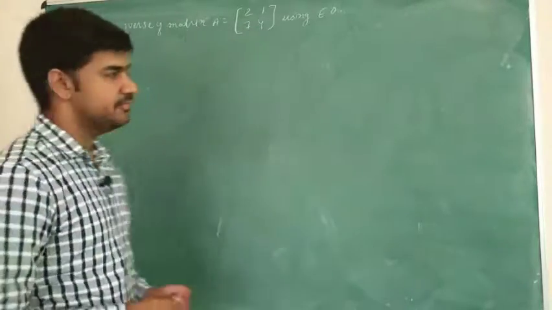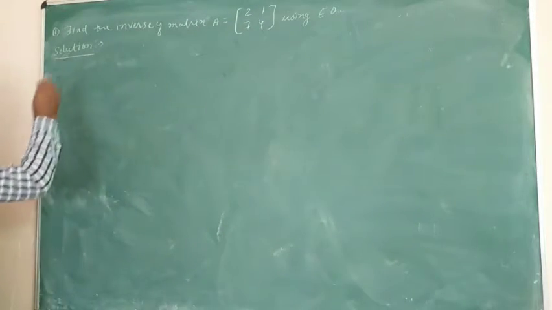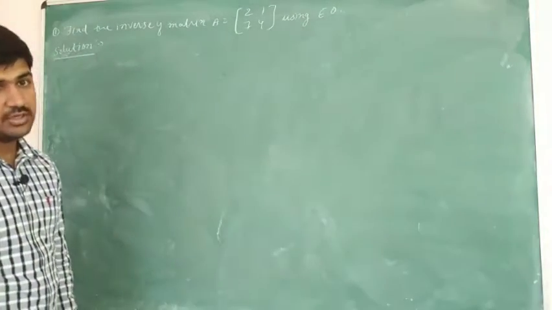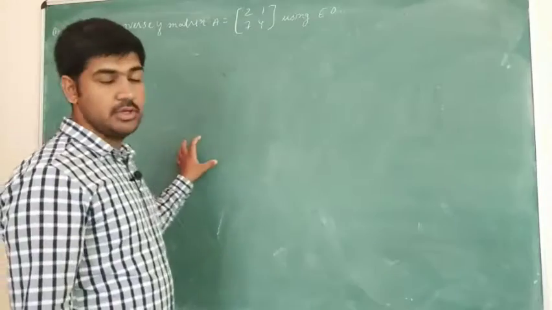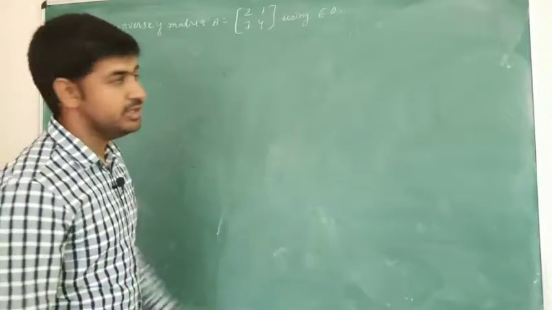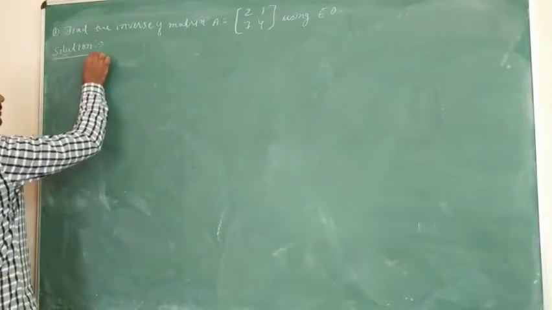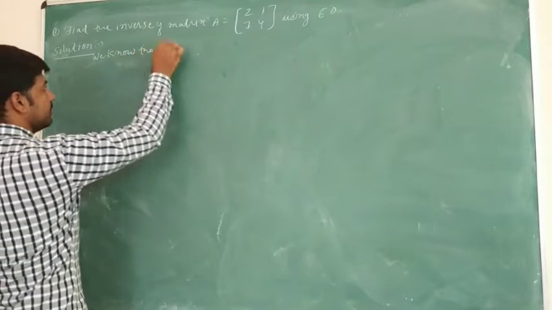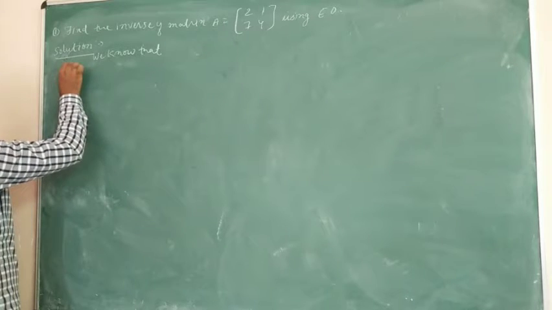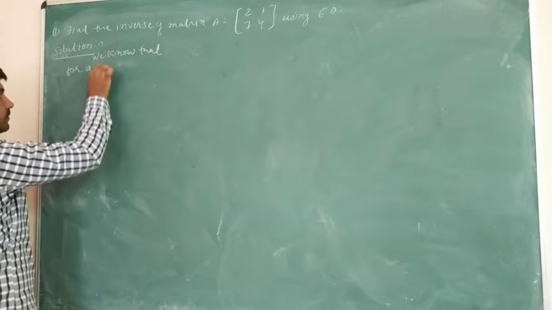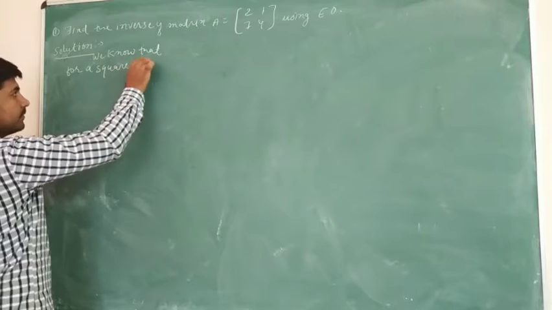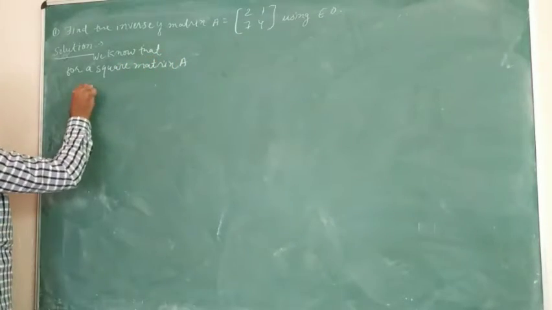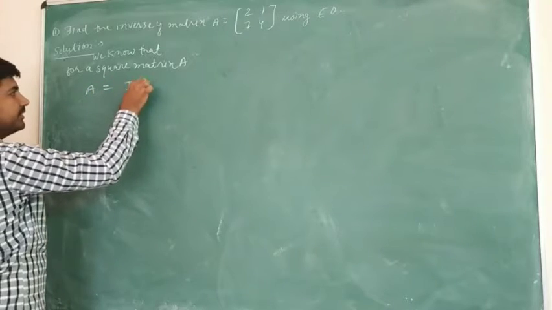So let us begin. Dear students, whenever we have to use the row elementary operations or transformation, as I have told you earlier, we have to write A as A is equal to IA. So writing, we know that for a square matrix A, A is equal to IA.